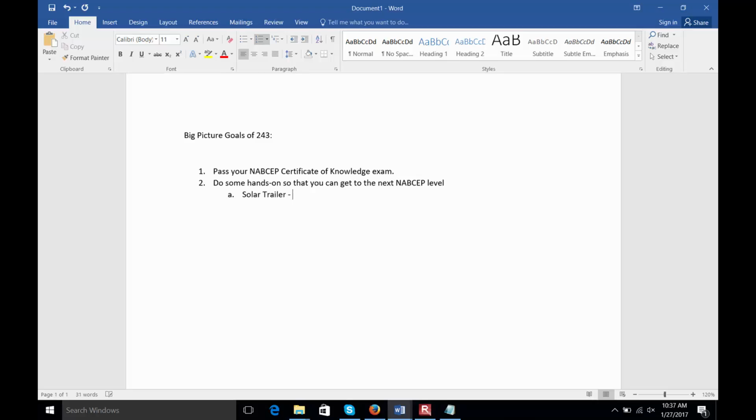The solar trailer was funded by the National Science Foundation. It was also funded by Northwestern Energy. So NSF and Northwestern Energy both funded this thing.